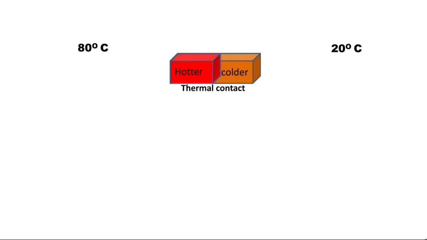This transfer of heat energy continues till both bodies attain the same degree of hotness or coldness. So at this stage, we say that the bodies have achieved thermal equilibrium.